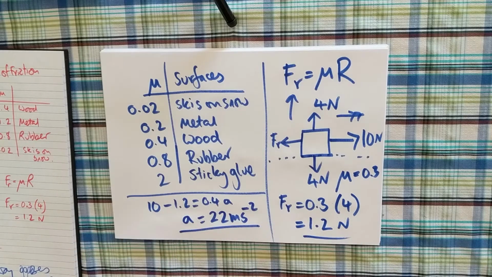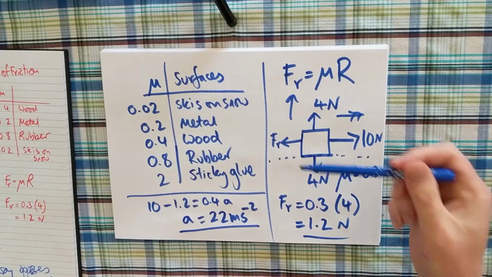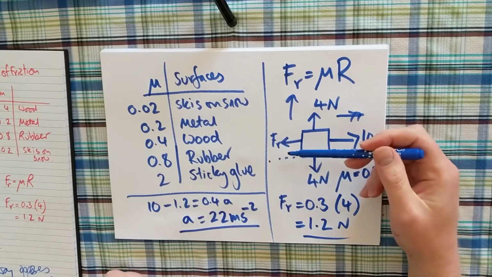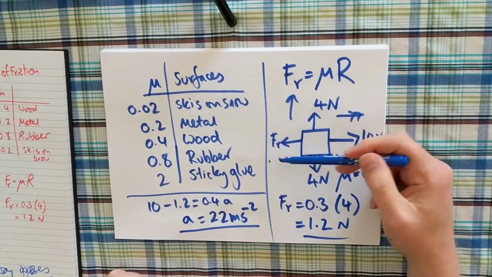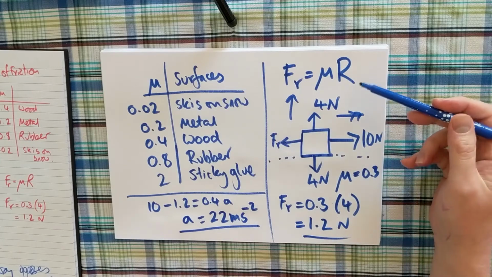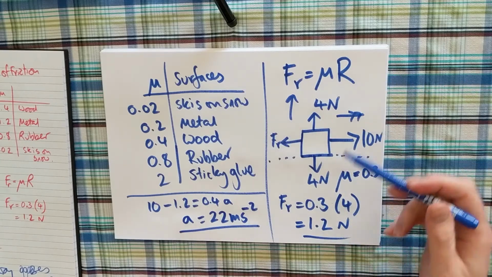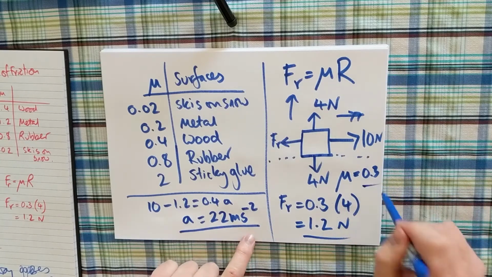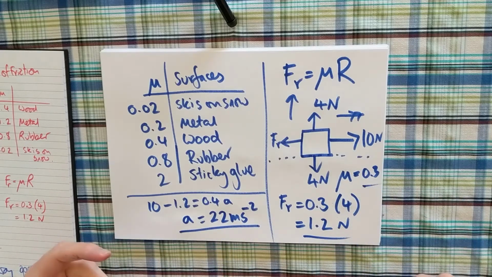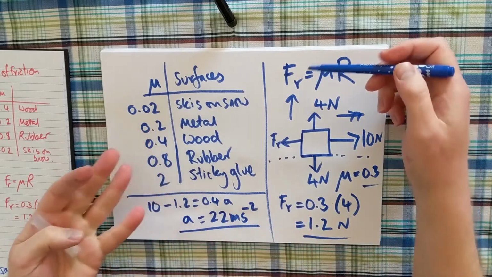This is what we do. We have a situation where we've got this new force involved. Up until now we've been dealing with lots and lots of smooth surfaces, but now we have an extra frictional force. They might not tell you the size of the frictional force, but we can calculate it with this new formula. It involves knowing the coefficient of friction, and we use mu for that. Sometimes you're given mu and you need to find the friction.